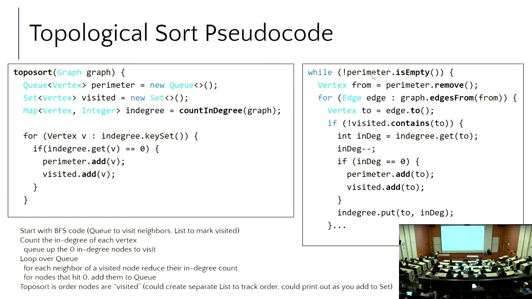Then as I loop over my queue, I update the in-degrees by removing them, and any time I hit another 0, I add it to the things to process again. Even though I split it up into 2 boxes, this is essentially the exact same code as BFS. The only things are that I added this for loop to calculate the in-degrees, and these if statements to determine who gets added to the queue when, based on updating in-degrees. Questions?